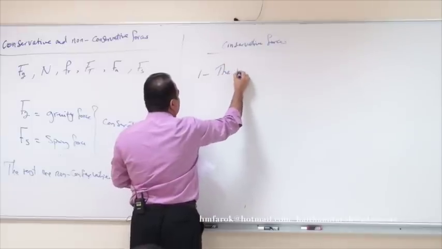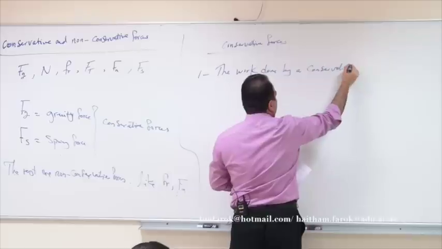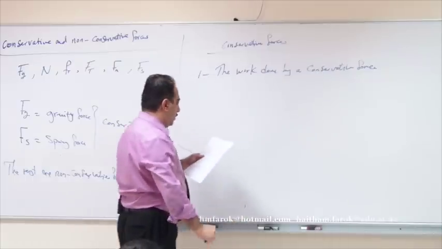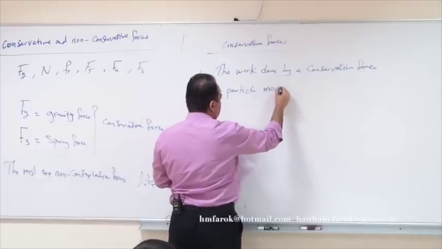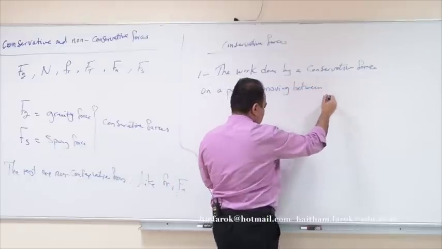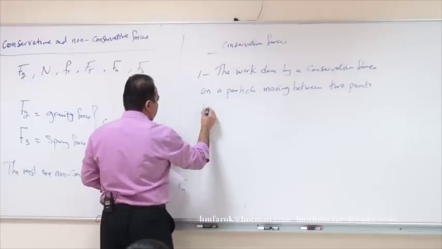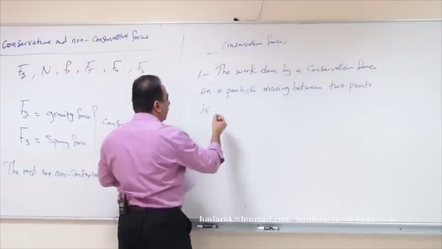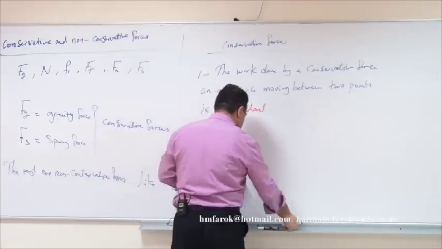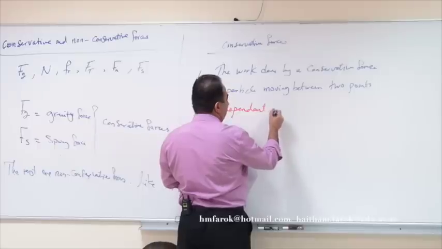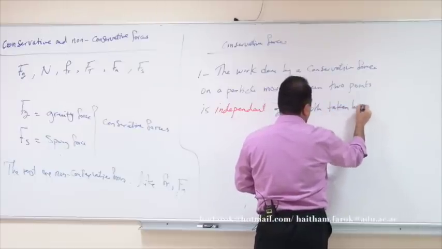You have conservative forces if you have number one fulfilled. Number one says the work done by a conservative force on a particle moving between 2 points is independent of the path taken by the particle.